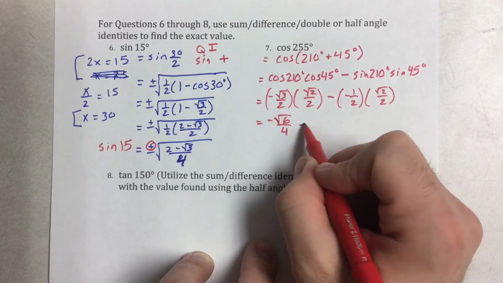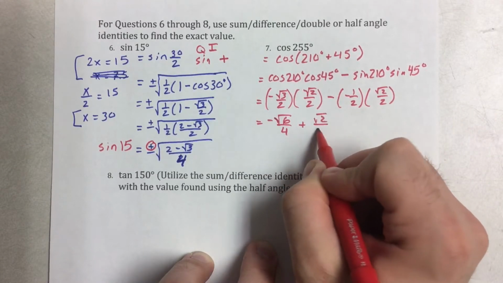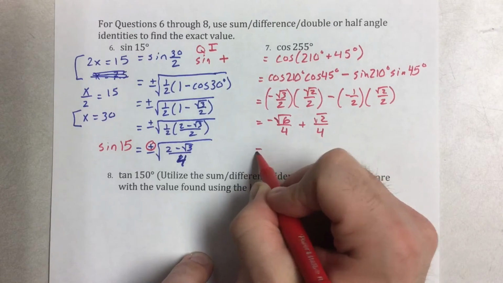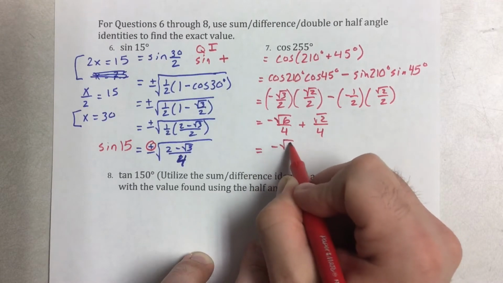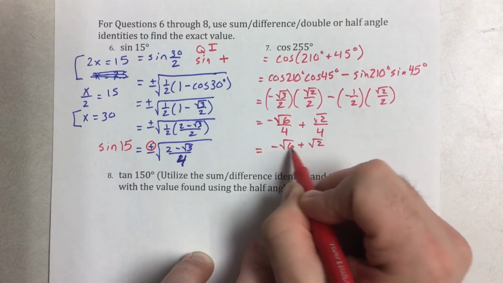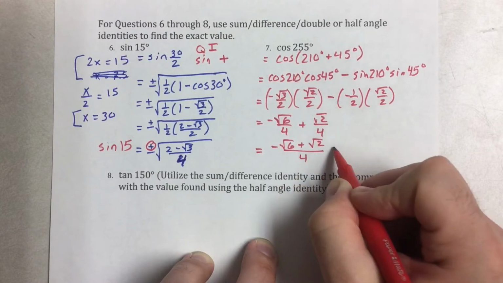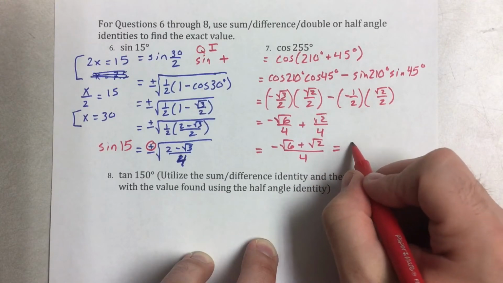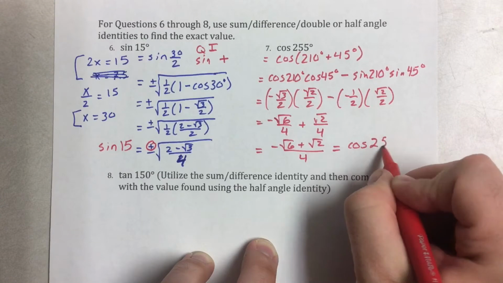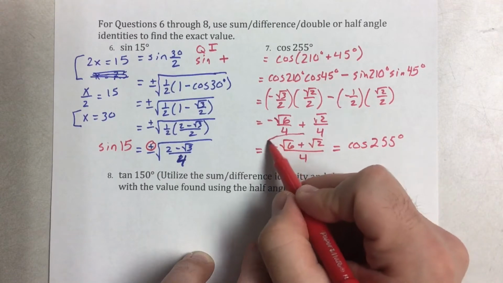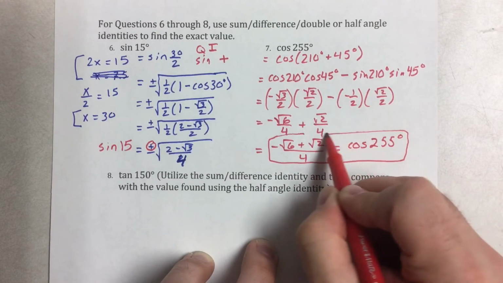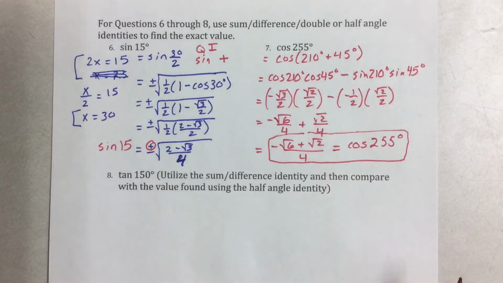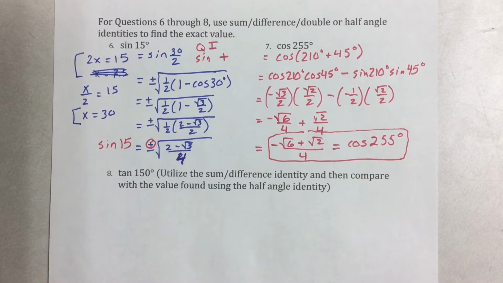The two negatives turn to addition, root 2 over 4, and we have an exact value of negative root 6 plus square root of 2 over 4, and that's the exact value for cosine of 255. So again, maybe this could have been done with a double or a half angle. I was just showing you what we could have done with a sum identity.